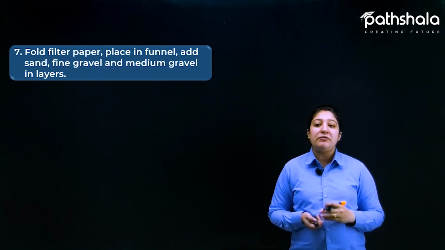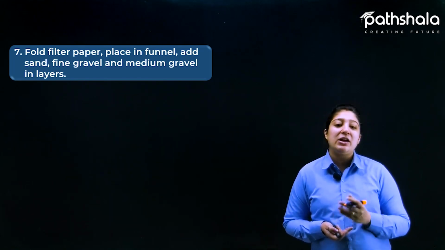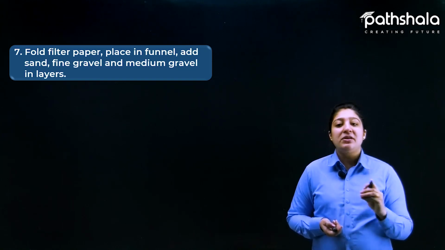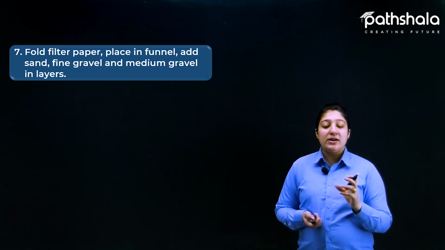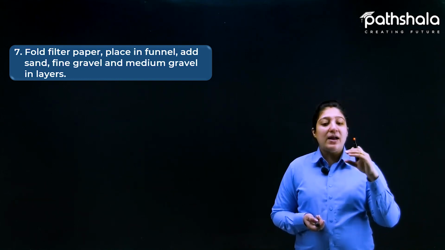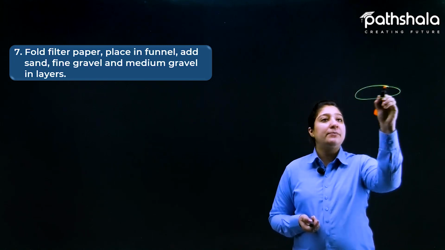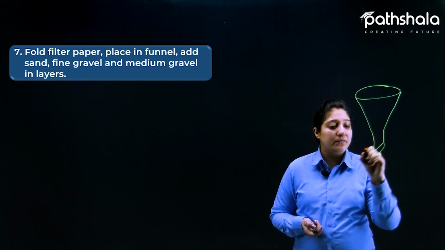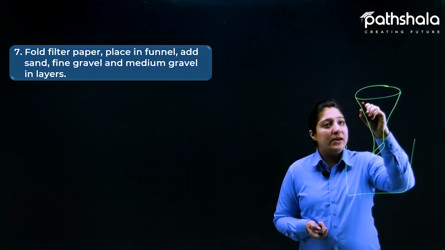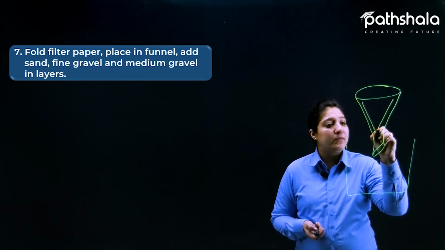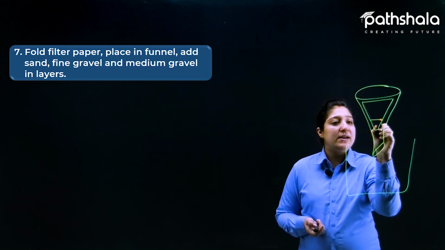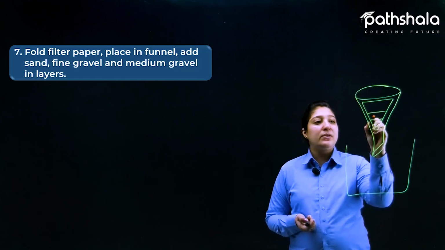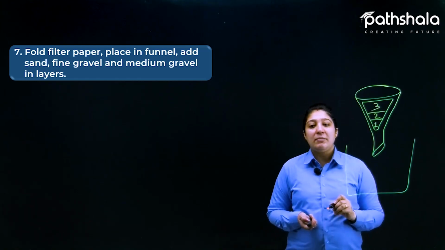Now fold a filter paper, as we have done in many of the activities before. Place that filter paper into the funnel and just wet it with some water drops. Then first add a layer of sand, the second layer of fine gravel, and the third layer of medium gravel.